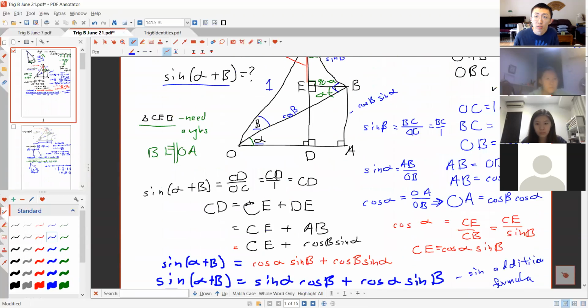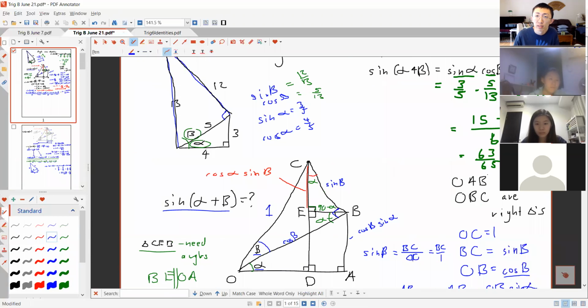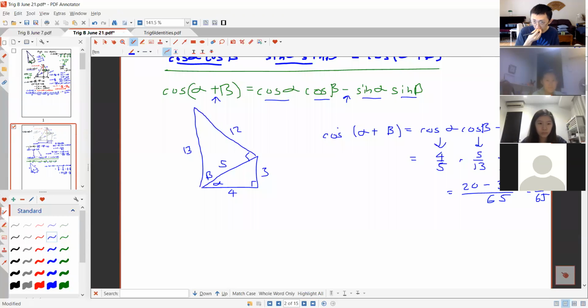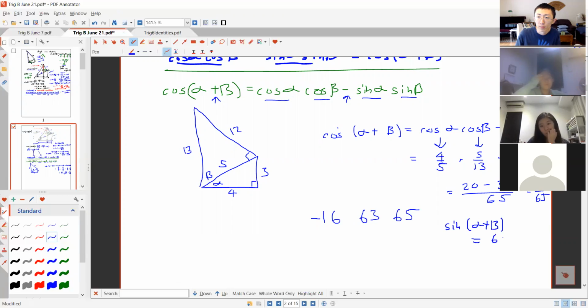And earlier, I think we had said the sine of the sum of the angles was 63 over 65. So does this make a Pythagorean triple? So, we can check this.